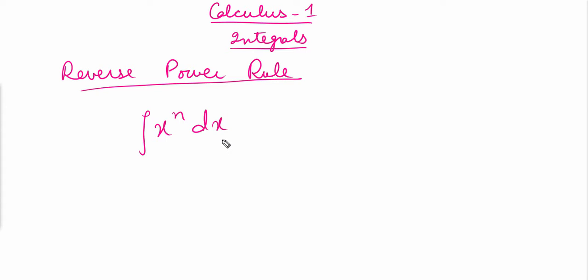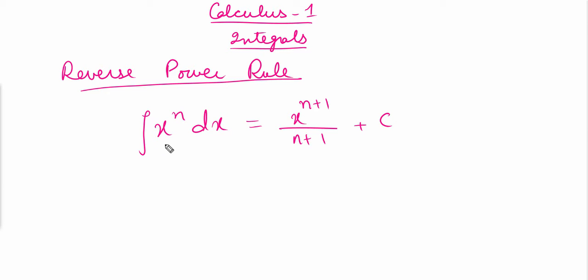Whichever variable we are integrating by, we have to write over here dx, dy, or whatever. When we integrate it, it will be equal to x to the power of n plus 1, whole divided by n plus 1, plus c. Because it's an indefinite integral, that's why we write c. If it's a definite integral, then we do not need to write c.